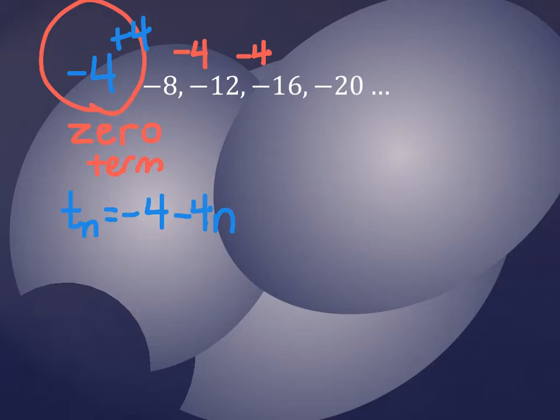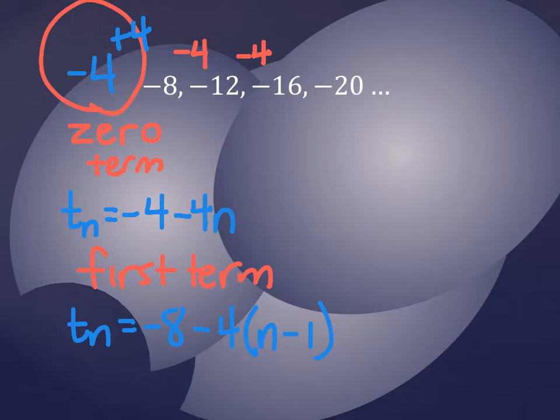If we're going to go ahead and use the first term form, all we have to do is start with our first term, in this case, which is negative 8. And we're going to subtract 4 each time. But we've got to tell it to go 1 back, because otherwise it'll be wrong.